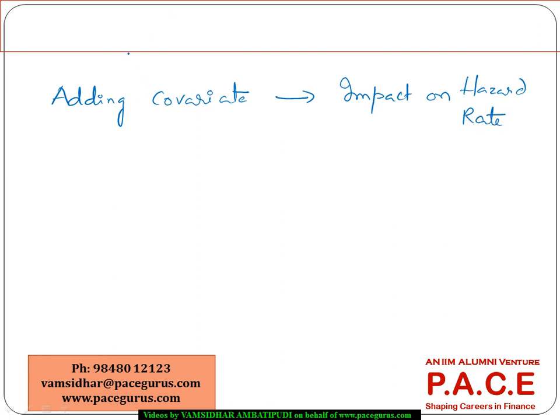We can go ahead with a test statistic which is minus 2 times the log likelihood without the covariates minus the log likelihood with the covariates. Depending on how many covariates we have added, take the log likelihood function without the covariates and with the covariate.